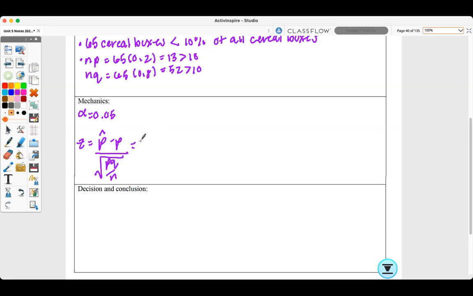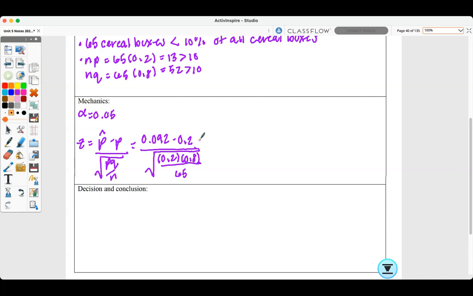So we go ahead and plug in our p hat, which is 0.092, minus 0.2, all over the square root of 0.2 times 0.8 divided by 65.